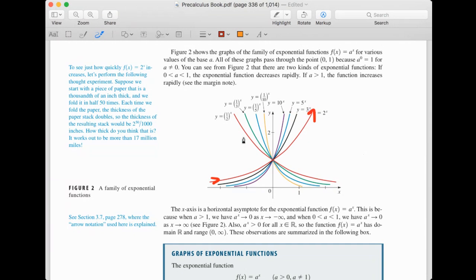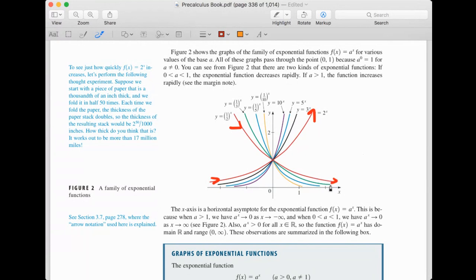On the other side, if the base is 1/10, 1/5, 1/3, 1/2, or 1 over e, that means the base is less than 1. The graph goes from the second quadrant to the first quadrant. So the graph goes this way.